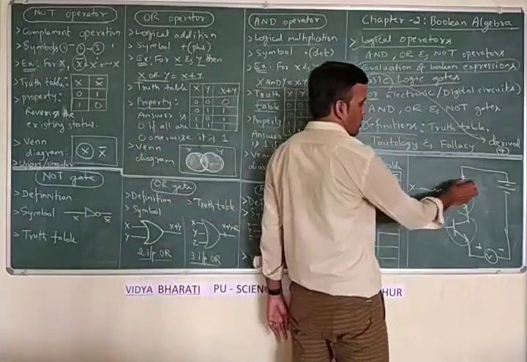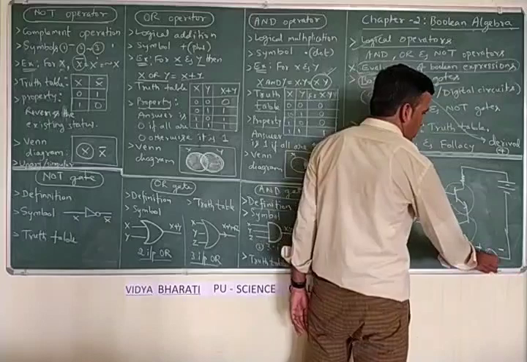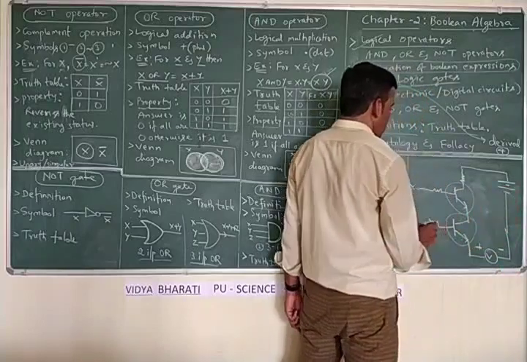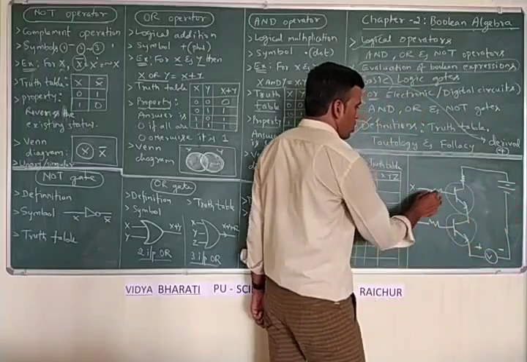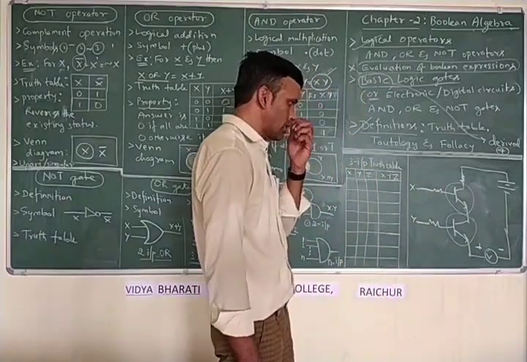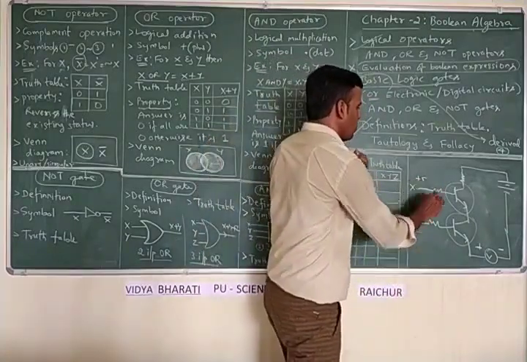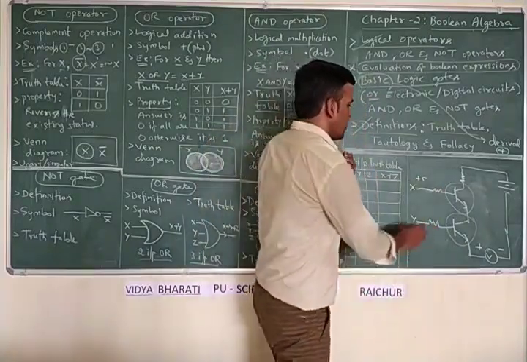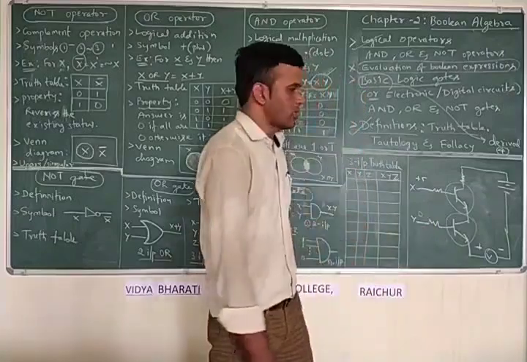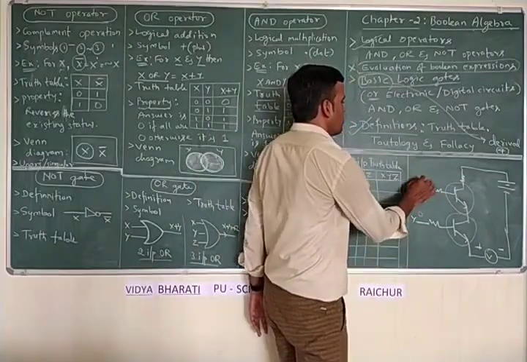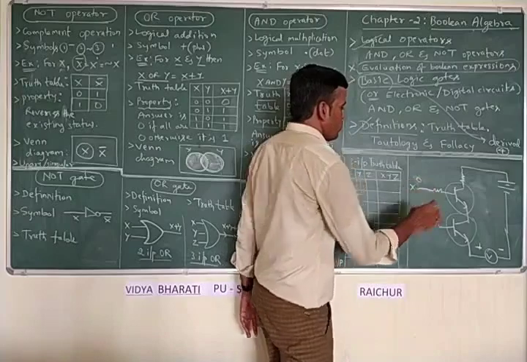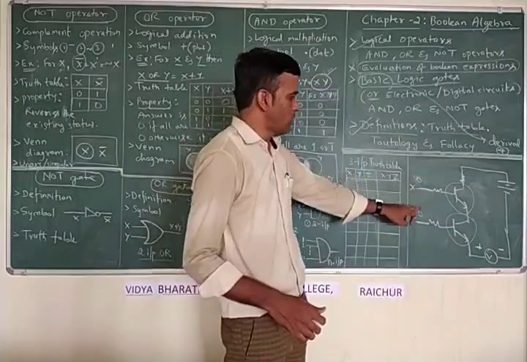So these are the resistances, this is a voltmeter, this is a battery. These are the input signals x and y. When we apply a signal here, say for example plus 5 volts, and here say 0, or if you consider one by one, say you have not applied any volts, means low volts, 0, 0.